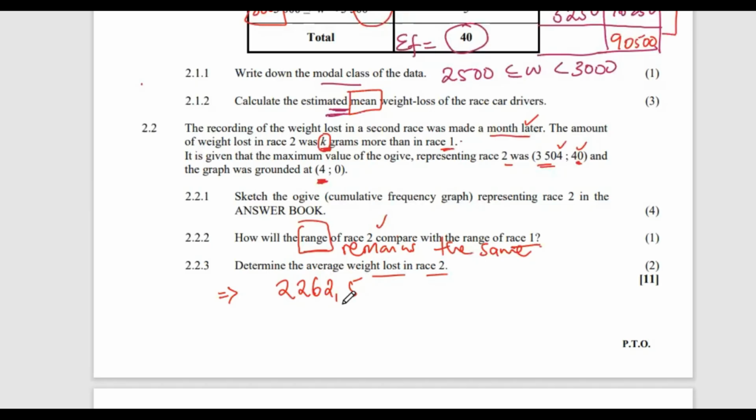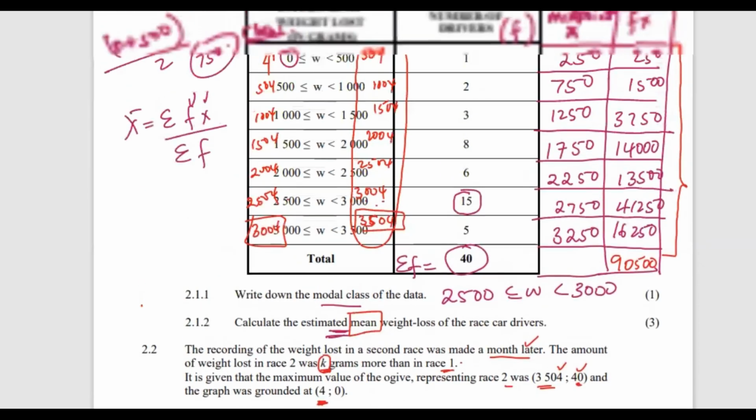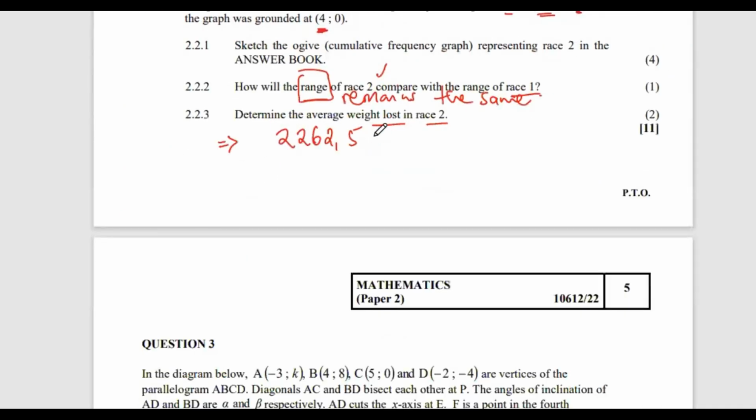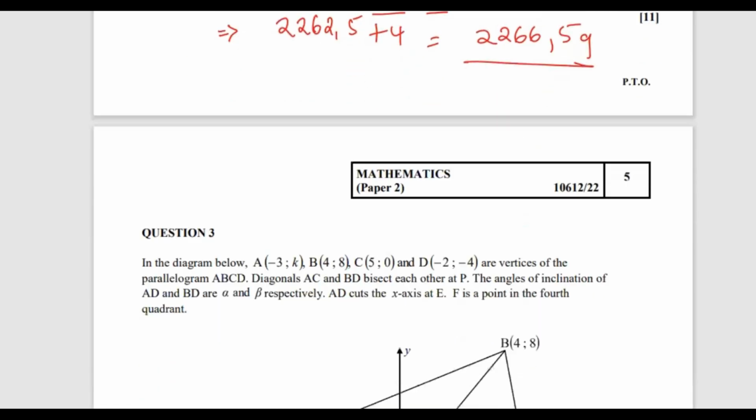But remember, we are adding a 4 for the lower class, and we are also adding a 4 to the upper class, which means overall 4 plus 4 is 8, divided by 2, it's 4. So overall, we are adding 4 grams. So you're going to say +4. And that's going to give us 2266,5 grams. That will be the mean or the average.